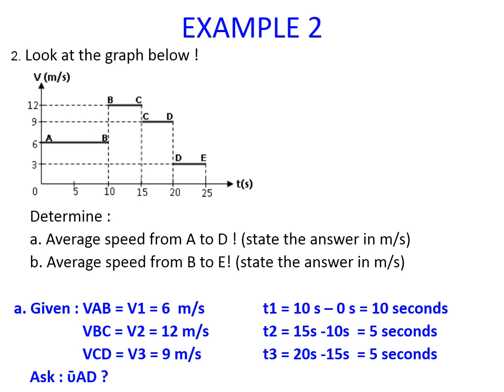T2 equals 15 seconds minus 10 seconds equals 5 seconds. VCD equals V3 equals 9 meters per second. T3 equals 20 seconds minus 15 seconds equals 5 seconds, as average velocity from A to D.